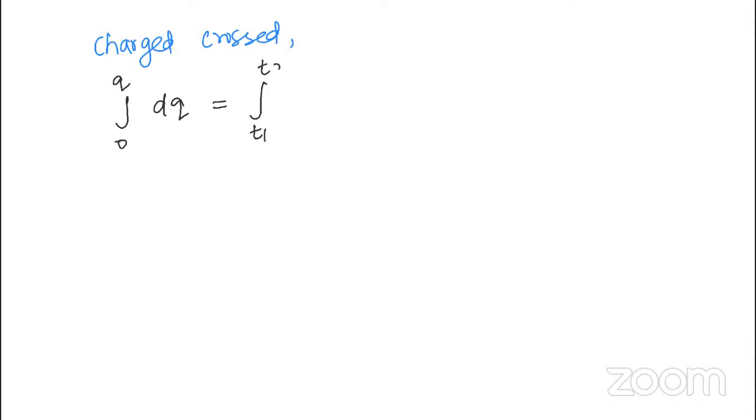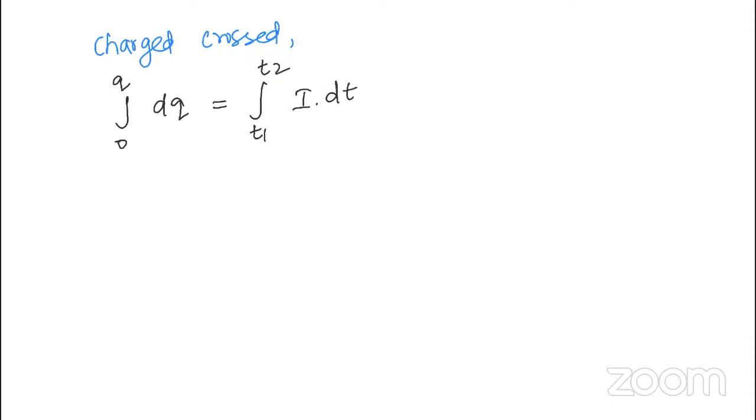So charge crossed. If a charge crosses in a short interval of time, we use this formula: integral from 0 to q of dq is equal to integral from t1 to t2 of I into dt.